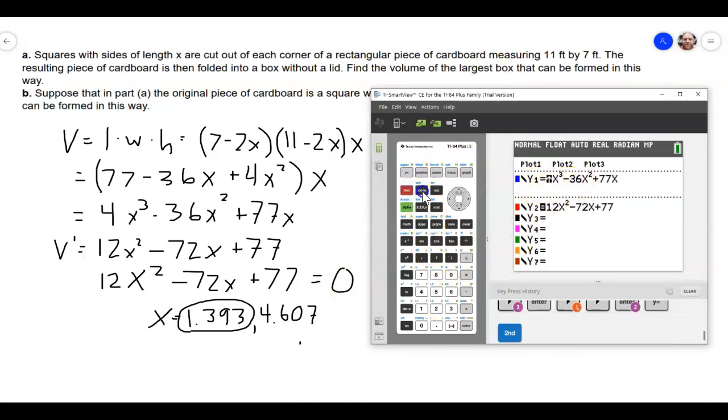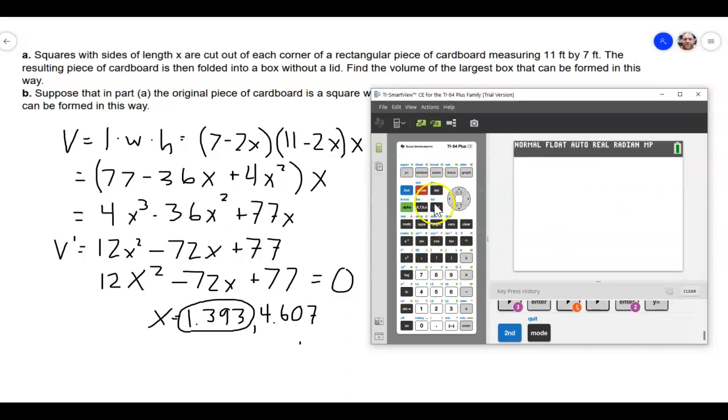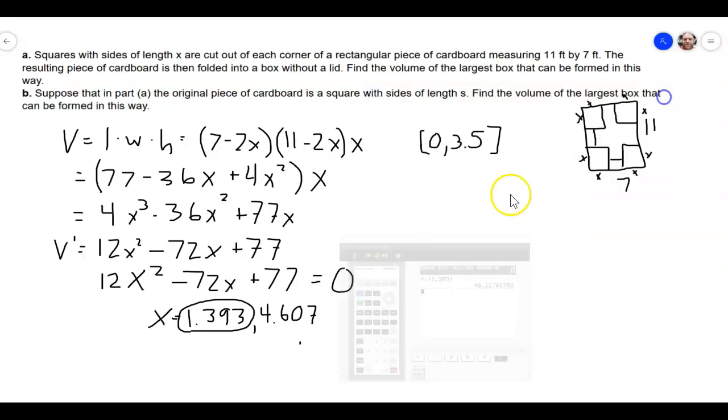So now all I've got to do, I think I have it saved in here as my y1. So to go ahead and put it in there, I am going to go to vars, pull up my y1 variable, and let's go ahead and evaluate that at 1.393. And it gives me a value 48.217.